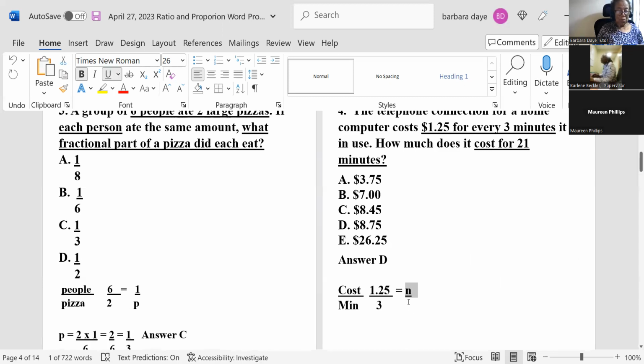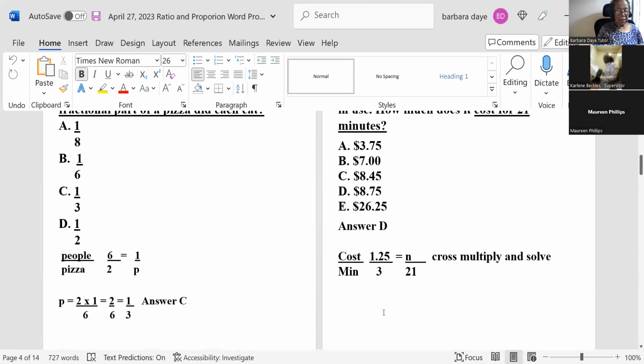Okay, so 21, and once you cross multiply, so cross multiply, and solve. So once you do that, then let me just put N equal 21 times 125 divided by 3, right?